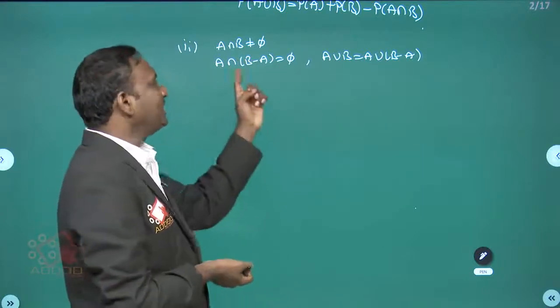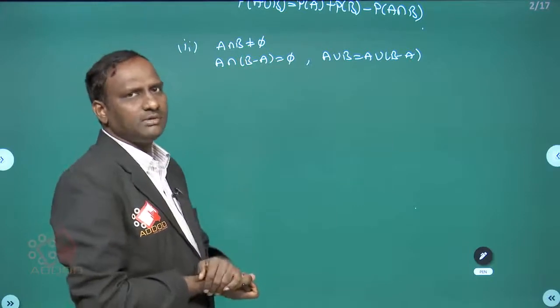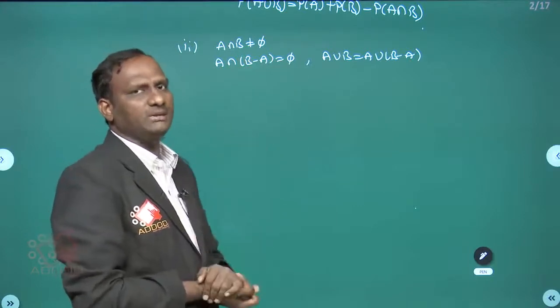For this, A intersection B minus A is empty, so B minus A is only the part of B.